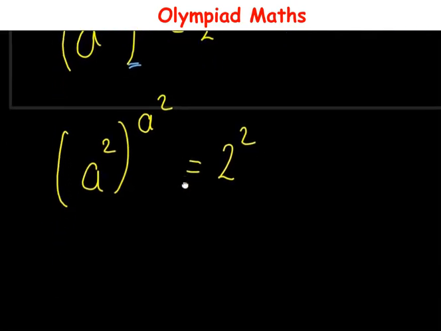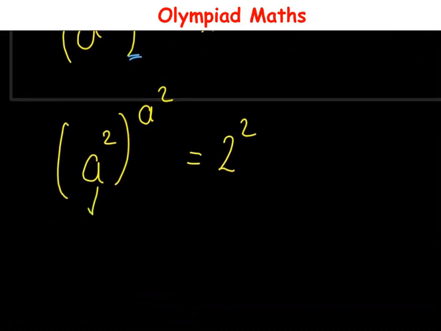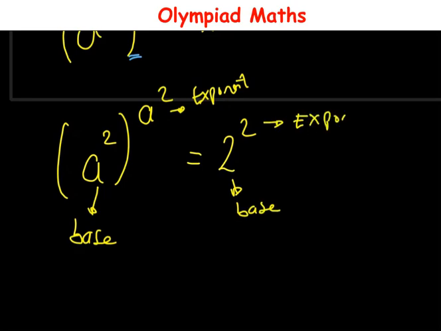Looking at this, the base, which is a raised to power 2, is equal to the exponent. Same thing here also, the base is equal to the exponent. In such a scenario, we can simply compare the powers, so a raised to power 2 is equal to 2.